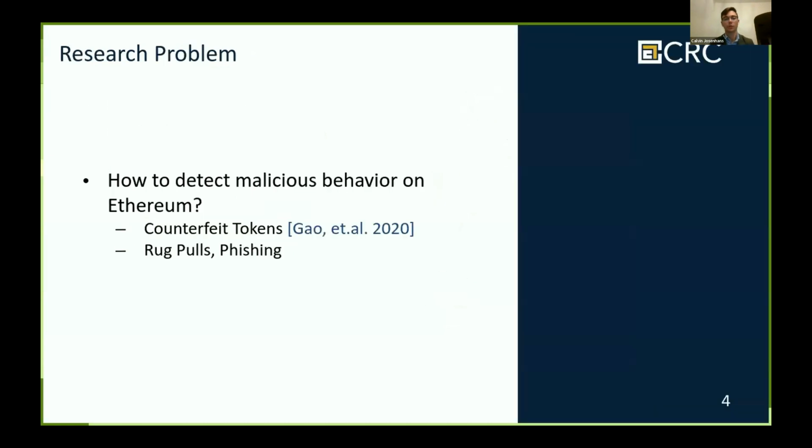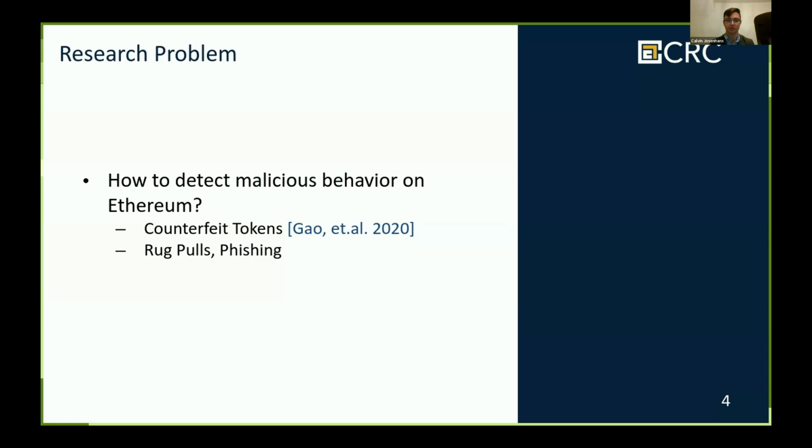What we want to do is use these transfer networks to detect malicious behavior in Ethereum. Since there's so much value in the blockchain ecosystem, there are also lots of people seeking to exploit that.